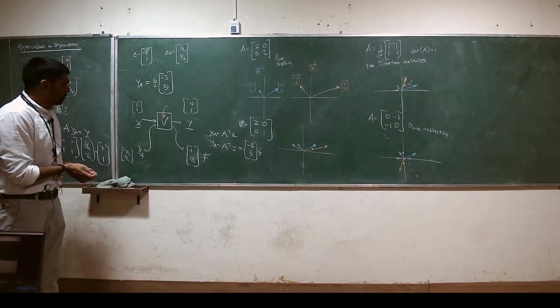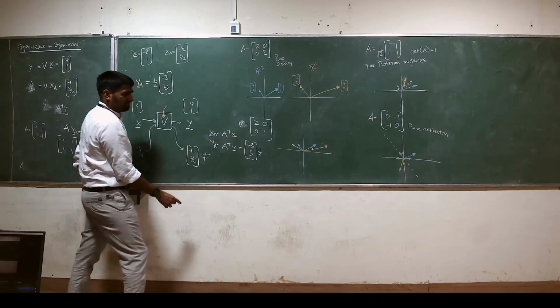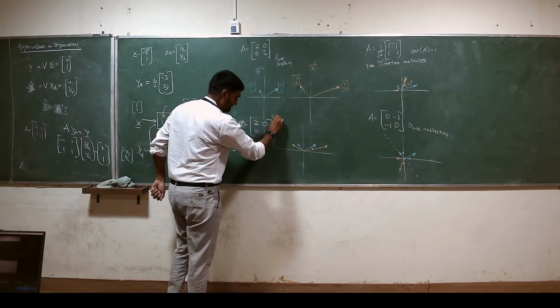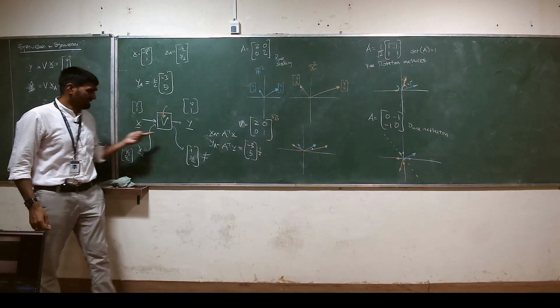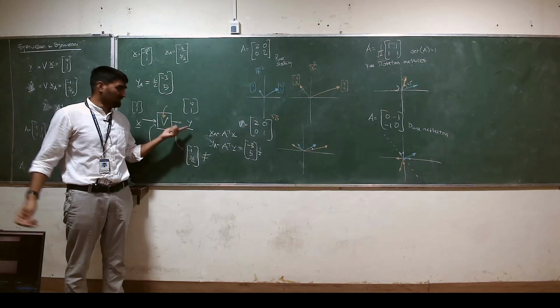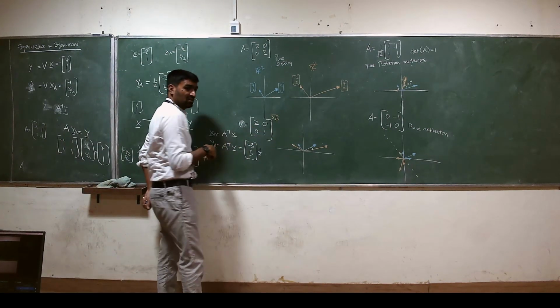So the V that we've written down here is in the standard basis. When we took vectors in the standard basis, we got the corresponding output vectors in the standard basis, and that corresponds to this scaling and rotation geometric operation.